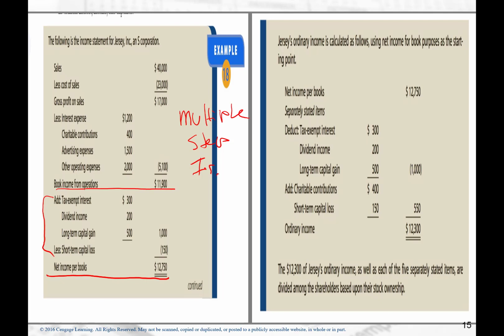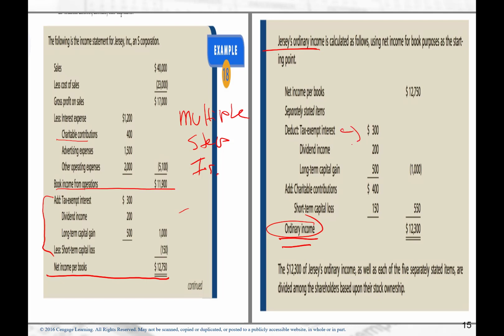Now, if you want to get the ordinary income, and notice, guys, this is ordinary income at the S corporation level, you are basically going to put back those items that would have been treated as non-operating, or in the case of charitable contribution, treated as operating, but nonetheless you're going to put back the things that are separable to come up with the ordinary income for the corporation.